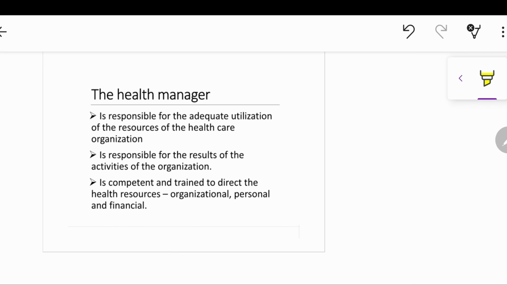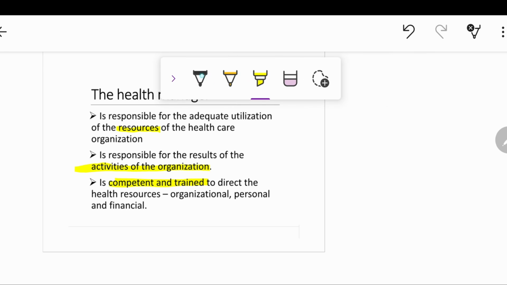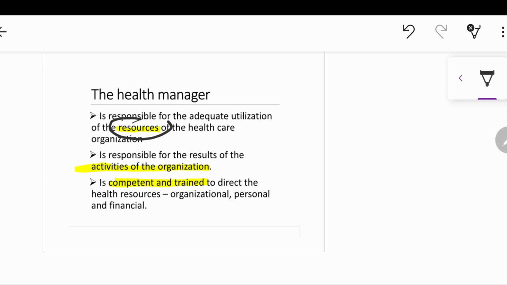Now, what are the responsibilities of the health manager? You can see the health manager is responsible for resources, responsible for activities of the organization, and should be competent and trained.